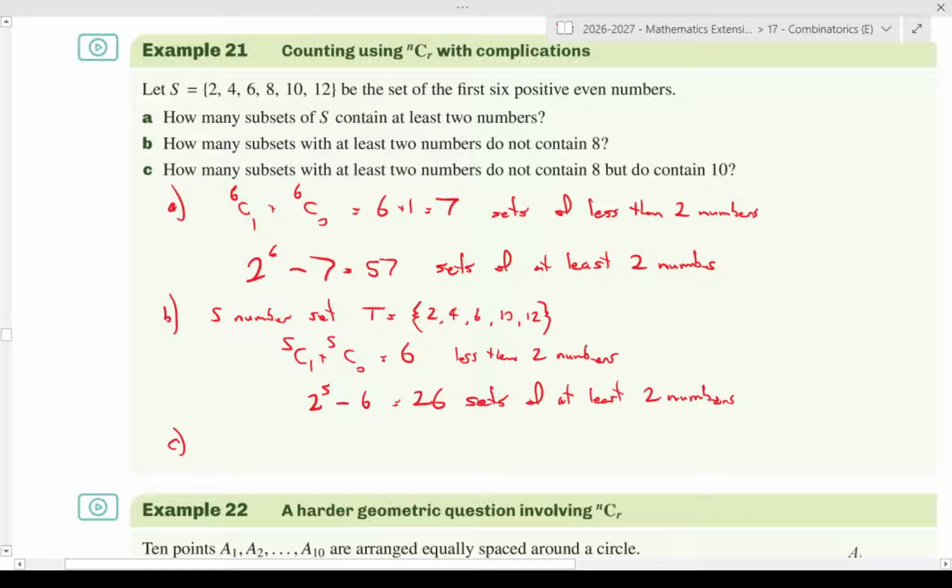Question C: how many subsets with at least 2 numbers do not contain 8, but do contain 10? Whew. So 10's already chosen, so we can eliminate that from the set.